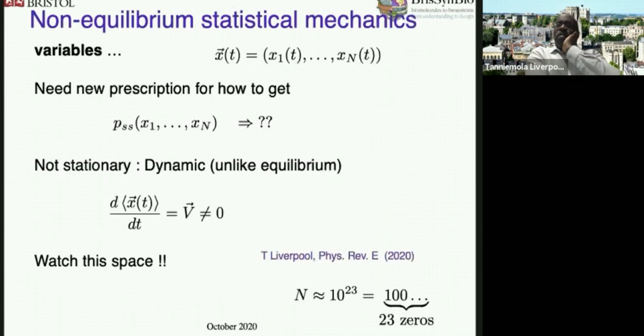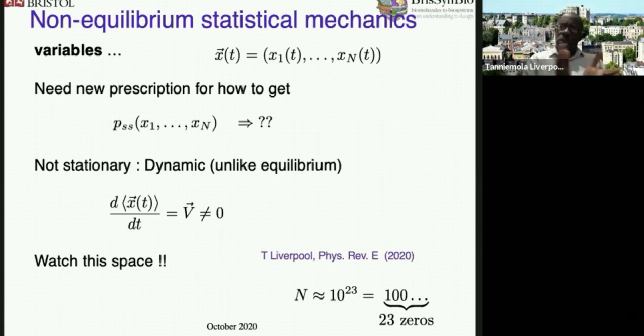In order to describe this, we need a new framework, a framework that works for non-equilibrium systems which are not stationary. We have a large number of variables like before, so a dynamical description is computationally intractable. So we need a statistical description.